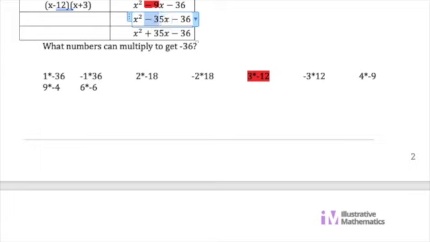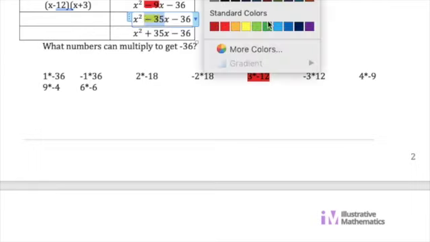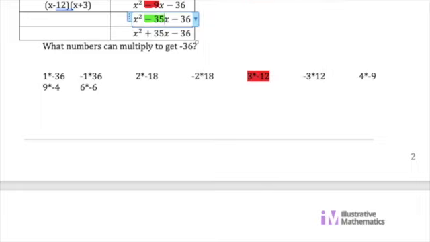That is going to be, no, I want yellow, I want green. Green. 1 plus negative 36 gets me negative 35. So I should have x plus 1 times x minus 36 for that one.